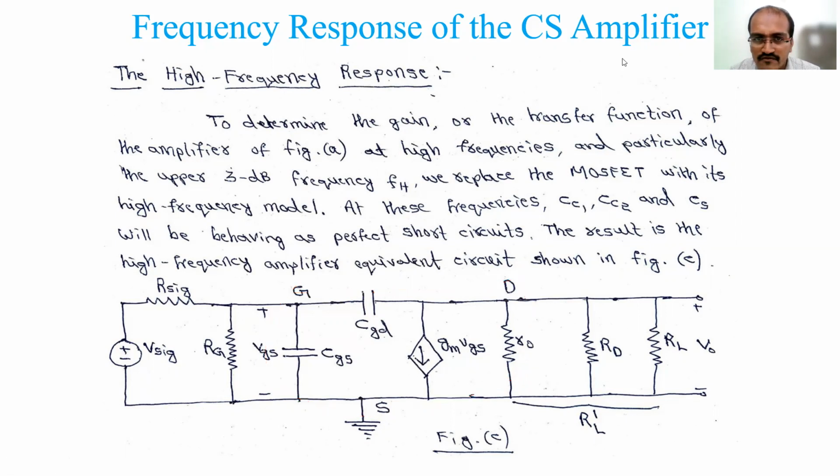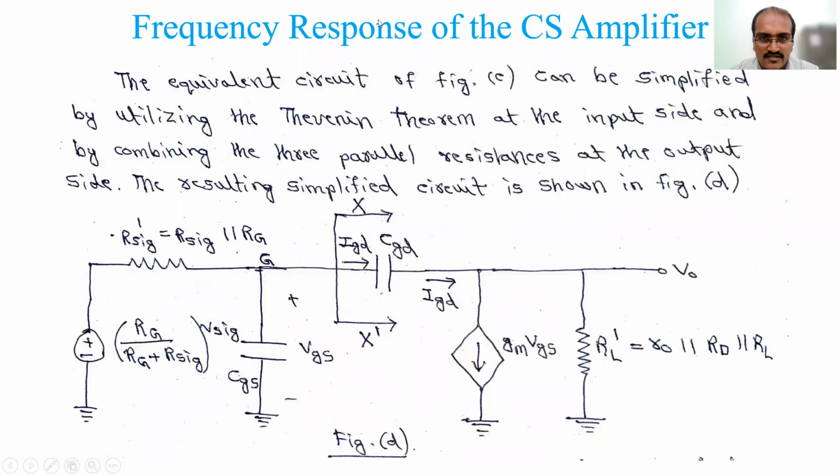Just quickly I will recall, and from where I stopped I will continue. In this next circuit, we have made the output into a single resistance RL dash, and at the input I have applied VTH and RTH. RTH, instead of R signal dash, is nothing but R signal and RG in parallel, and the Thevenin's equivalent voltage is given as RG by RG plus R signal into V signal.